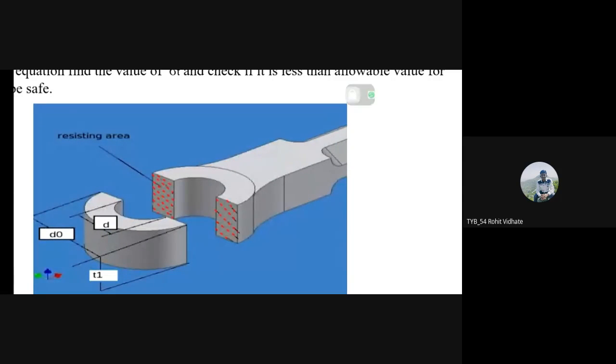So when we multiply d0 minus d by t1, it becomes the area shown here, right? It includes both sides, because d0 minus d is not the dimension of one side, it is the dimension of both sides. So d0 minus d multiplied by t1 is the area which we have calculated here.